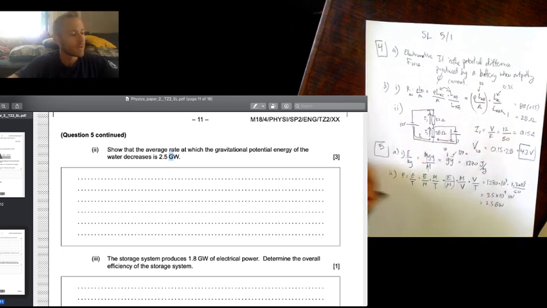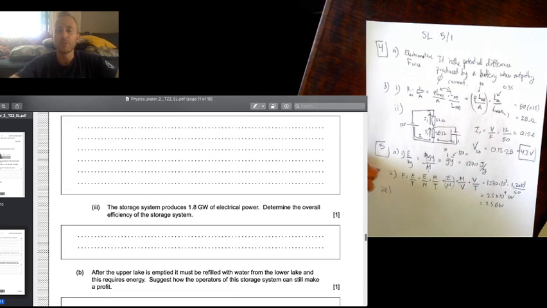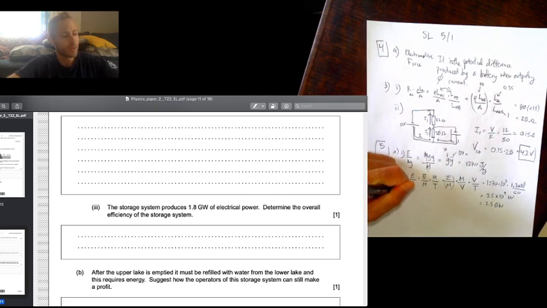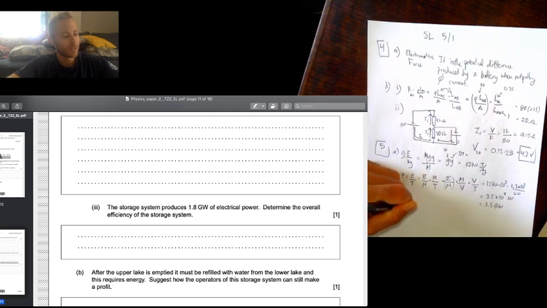The energy storage system produces 1.8 gigawatts of electrical power. So the useful power that goes out divided by the power that's produced is equal to the efficiency.